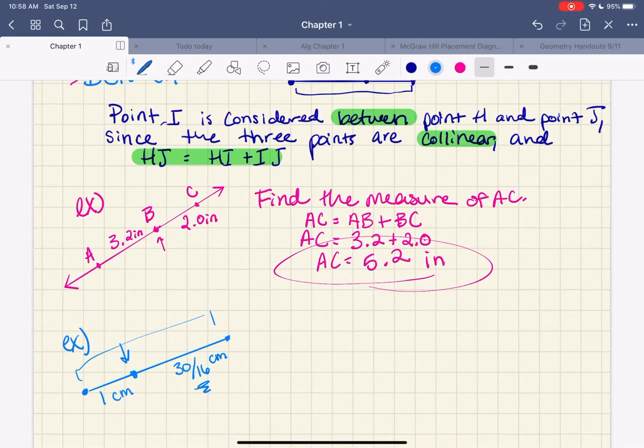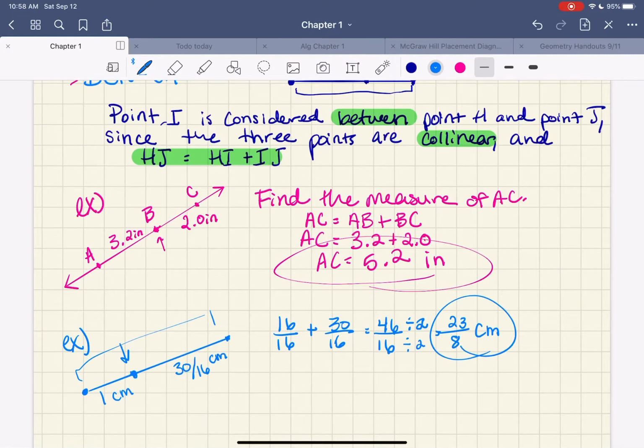So the way that I'm going to do this one is 1 centimeter. This is kind of not what I want to deal with really. So 1 centimeter, I'm going to call that 16 over 16, okay? And then that's going to make my life a lot easier when I am adding together these two. I'm going to say, okay, well, that's 46 over 16. And I need to simplify that because those are both even numbers to get my official answer, 23 over 8. So 23 over 8 centimeters is the official length of that segment.